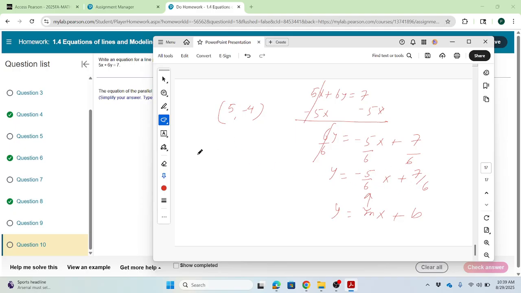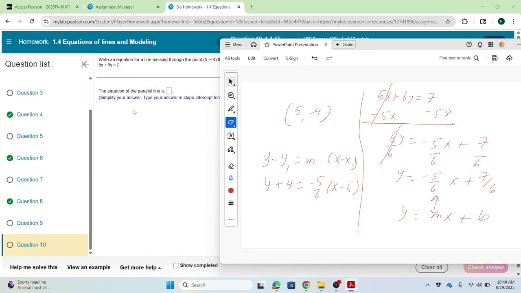So now for finding the equation of that line, we can use this formula after knowing the slope and a point. The point is this one, so -4 and negative becomes +4. The slope is -5/6 and x1 is 5. So this is the equation, but it says simplify your answer and type it in slope-intercept form.